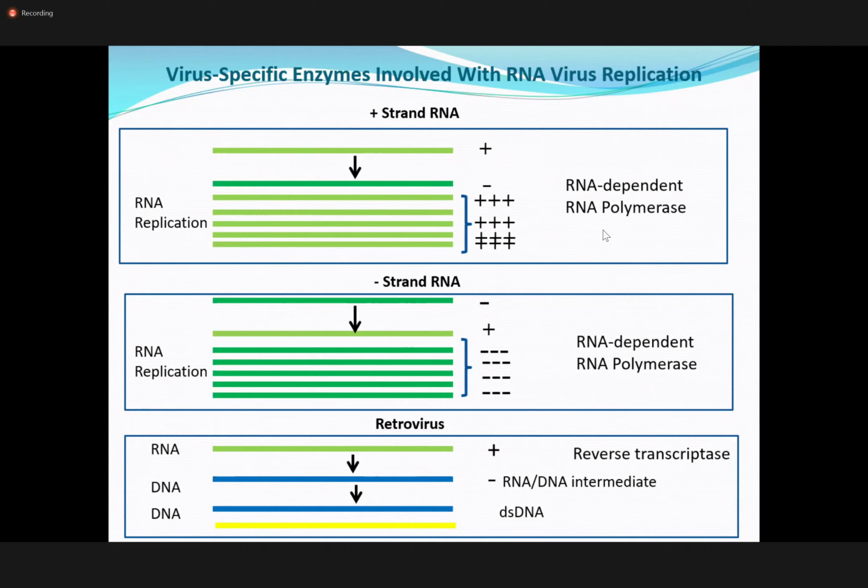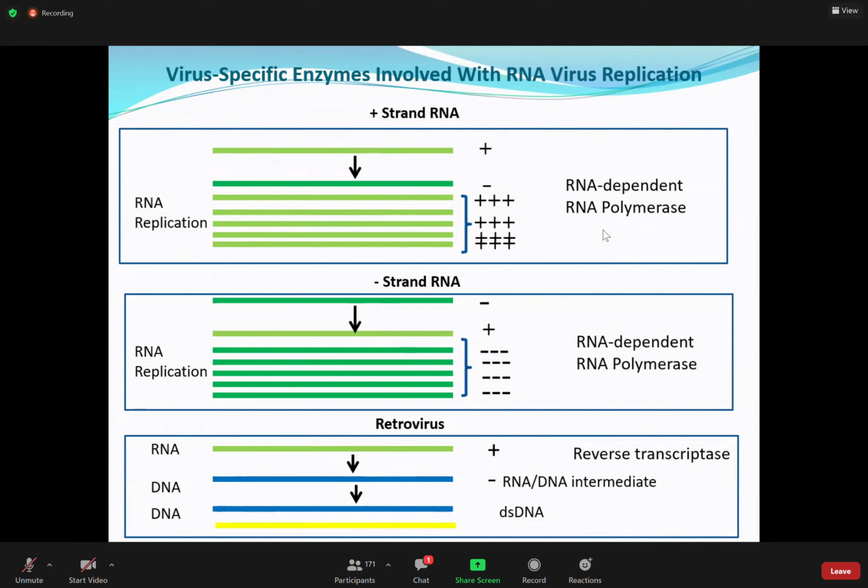So that means that when this virus infects a cell and exposes its genome, which is a plus strand RNA, that plus strand RNA is essentially messenger RNA. So the host cell that it's infecting can use its ribosomes to read off that genomic RNA to create virus proteins.